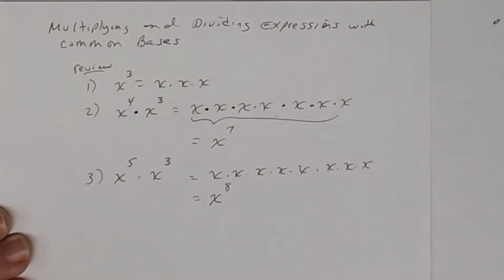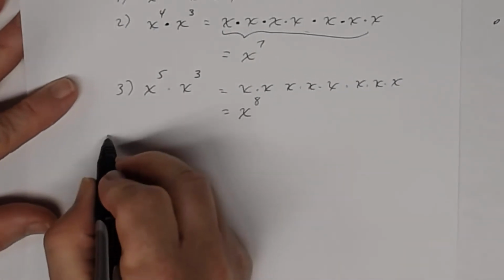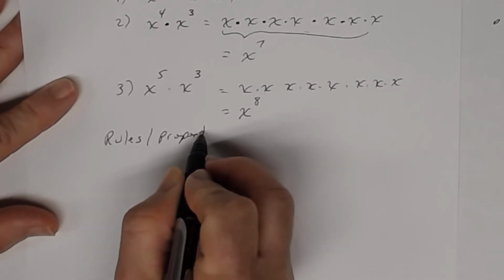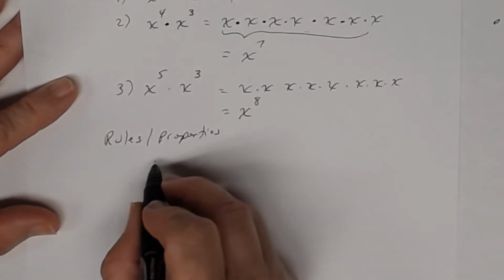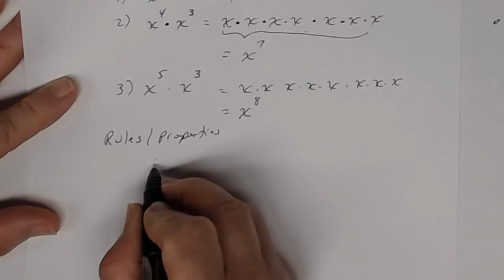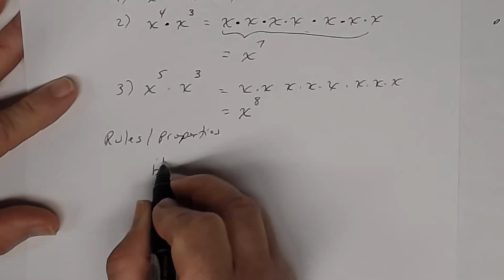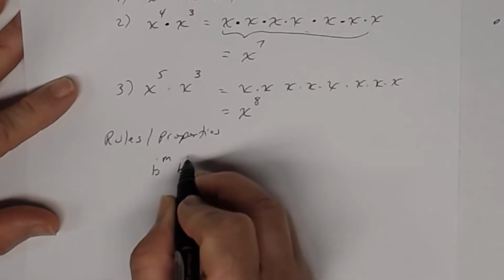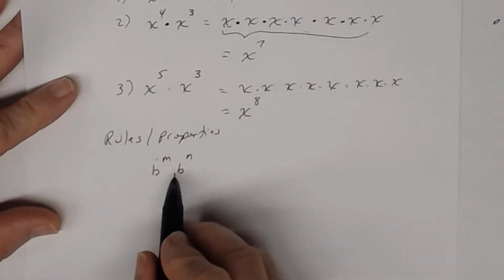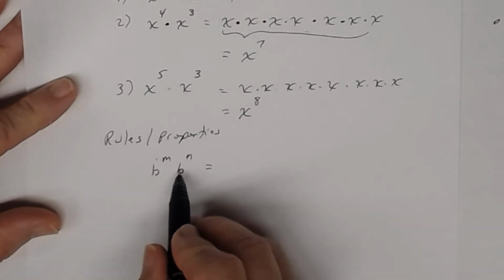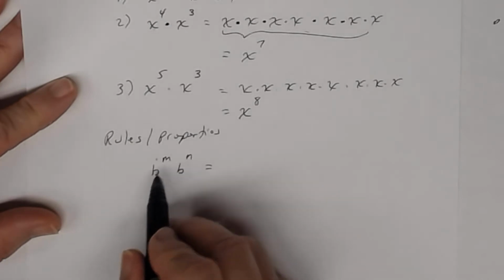And that brings us to one of our properties. So one of our rules, and that's this. I'm going to use a different notation, but whenever I have b to the m power times b to the n power, as long as the bases are the same, then all I need to do is add those exponents.